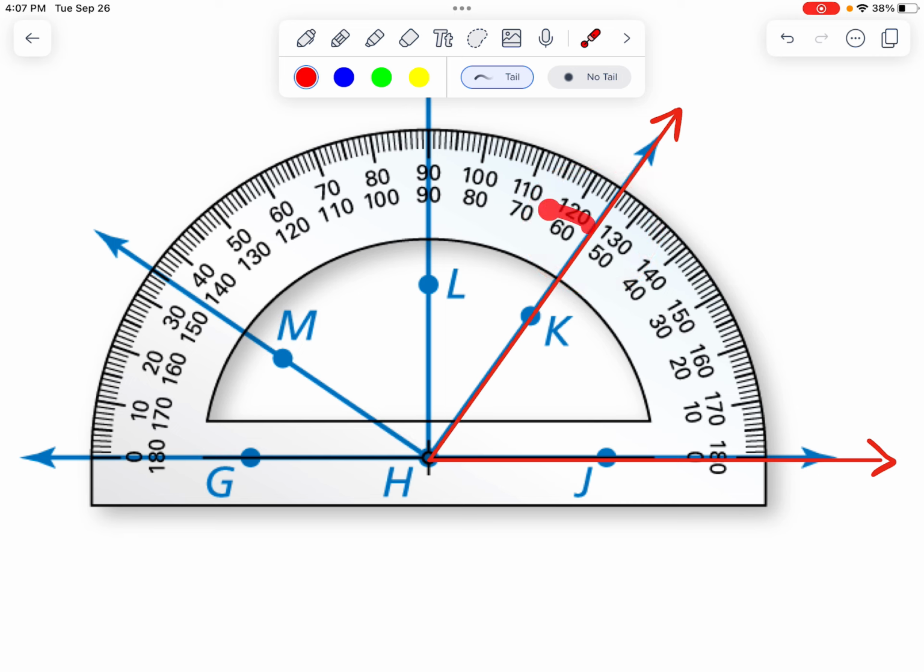Are we using the 50 and 60, meaning that this line would be 55 degrees because it's halfway between 50 and 60, or is this line 125 degrees because we're between 120 and 130? Notice the protractor is this way because if the angle were flipped, we could have the angle over here as well, and we still need to be able to get a reading. So it goes from 0 to 180 this direction, and then same way in the other direction.